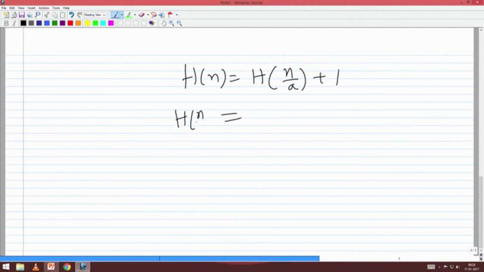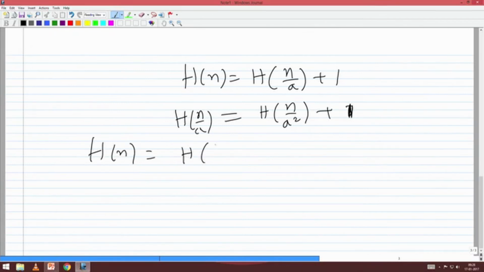How do I solve this? H of n is equal to H of n by a plus 1. H of n by a is equal to H of n by a squared plus 1. So H of n essentially becomes H of n by a squared plus 1 plus 1, so plus 2. Okay.